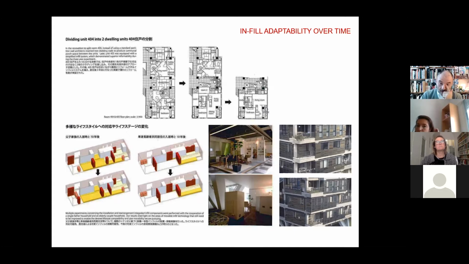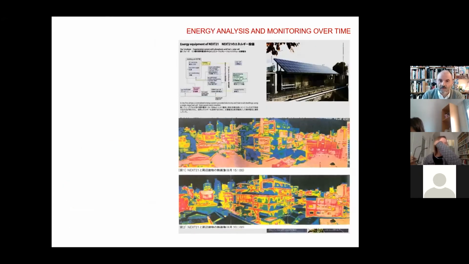And as you see in the picture on the bottom right, this is exactly the same corner of the building during the first period and two years ago when I visited. So this building really changed, because the whole building is modular, prefabricated, and reversible. It is possible to dismount and interchange the interior spaces and the exterior spaces.